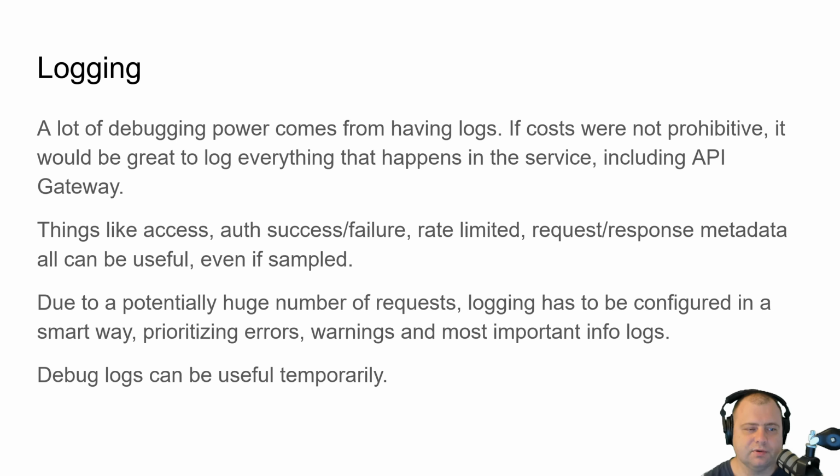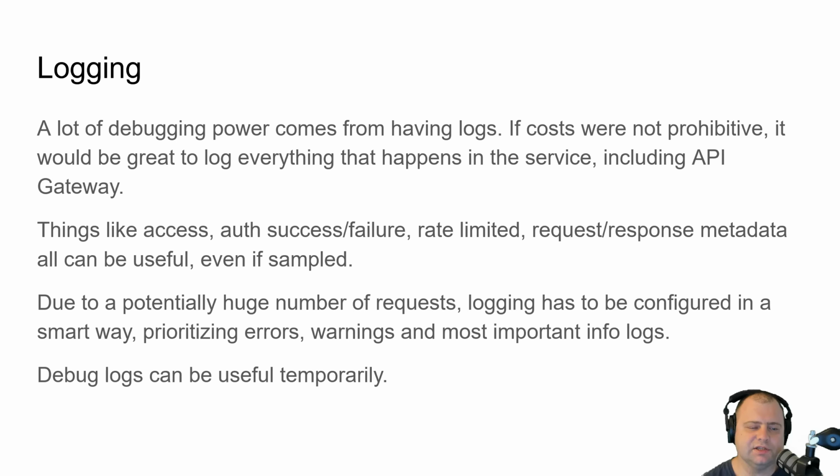And then let's talk about logging. A lot of debugging power comes from having logs. Once you don't know what's going on, like there are some bugs or issues, it's good to have some information about what actually happened and what was done, what maybe failed. If costs were not prohibitive, it would be great to log pretty much everything that happens on the service, including the API gateway service. But costs should be considered, and we cannot log information on every request probably, unless the traffic is pretty low.